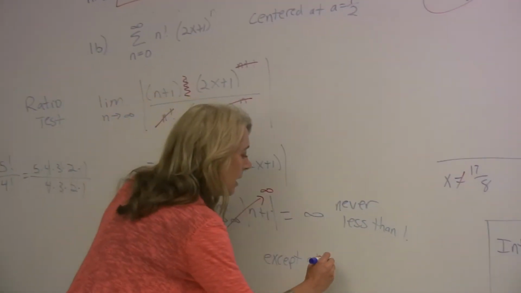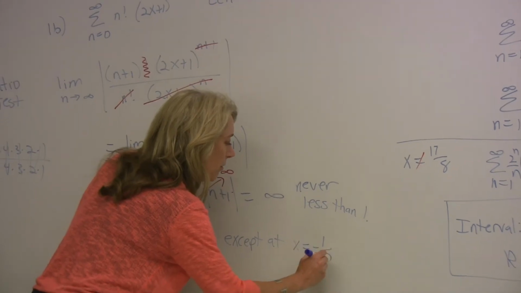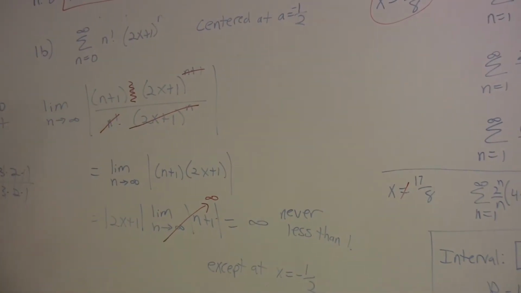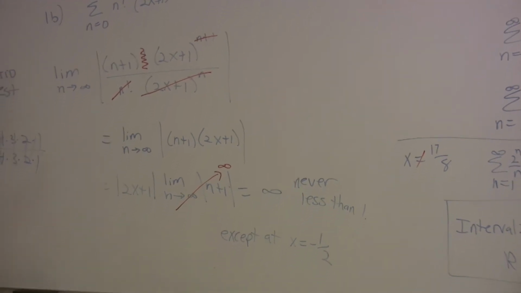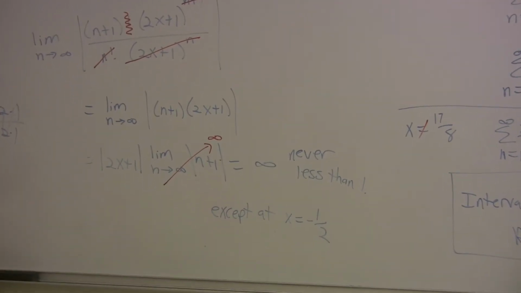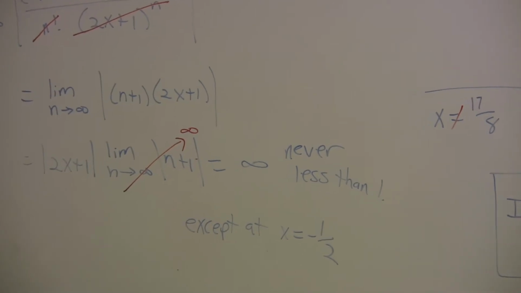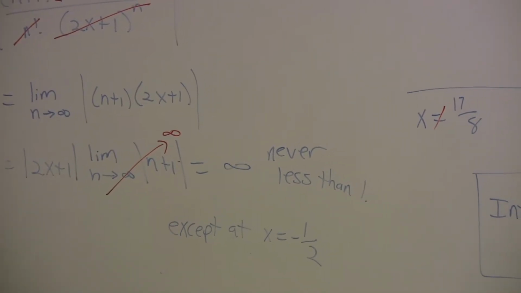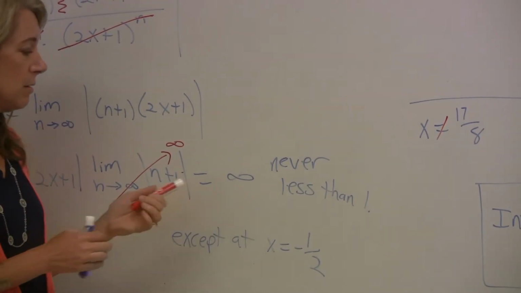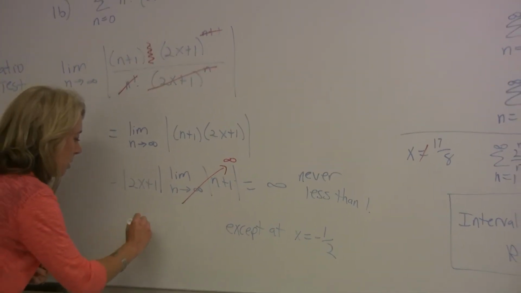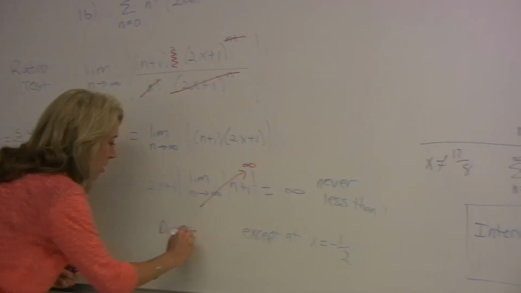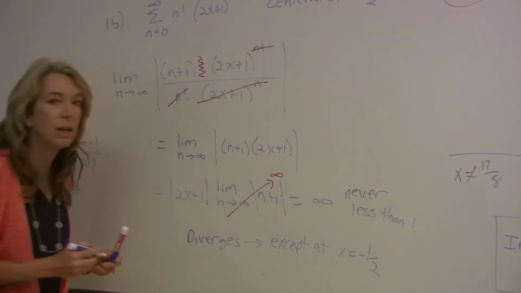Except at x equals negative 1/2. That's the only way it will converge, if you're adding 0. You change anything off of that negative 1/2, it's going to blow up and go to infinity. Never less than 1, which means it diverges except at negative 1/2.